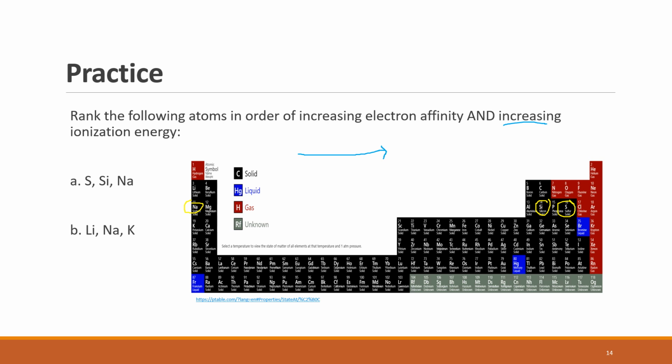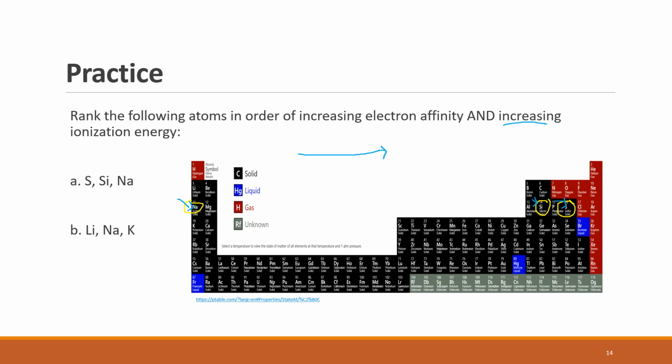So the one that has the lowest ionization energy, where it's easiest to pluck off an electron, is going to be sodium. And if you think about it, that actually makes sense because sodium likes to form a +1 charge. So it's easier to take an electron away from there because it wants to form a cation. Whereas when you go over to silicon and sulfur, those generally like to form anions instead. So it's much harder to remove an electron from those. So sodium is going to be the lowest, then silicon, and then sulfur.